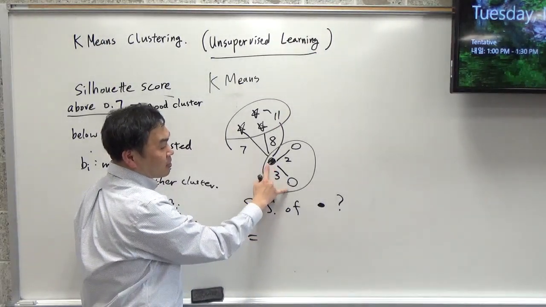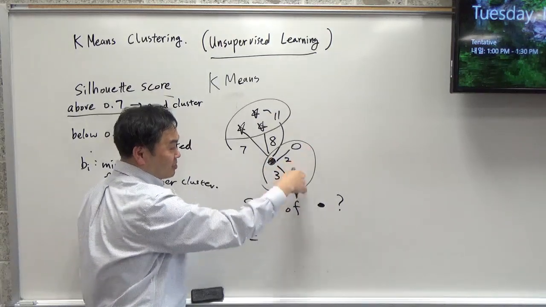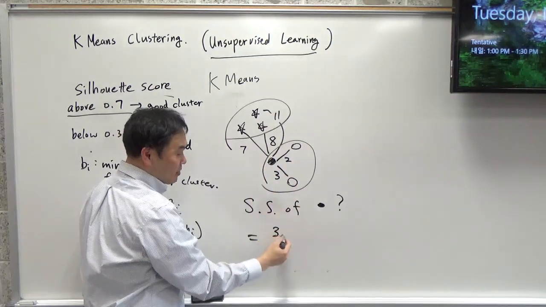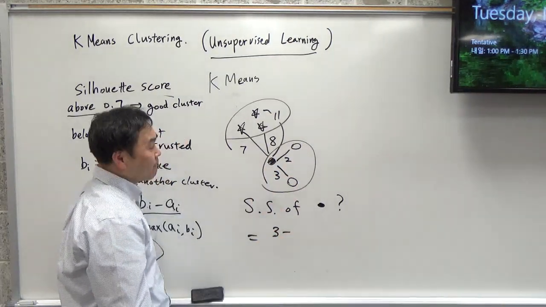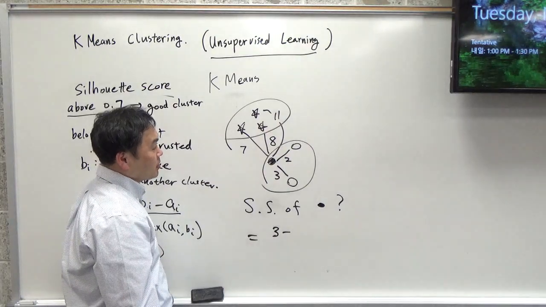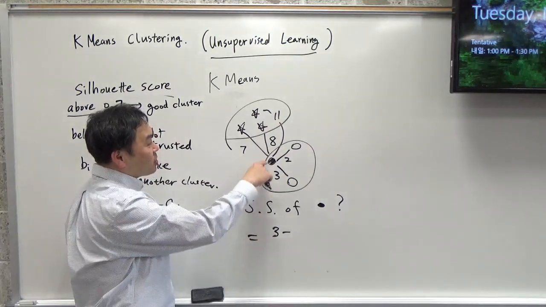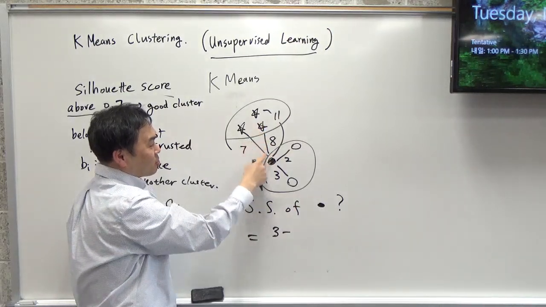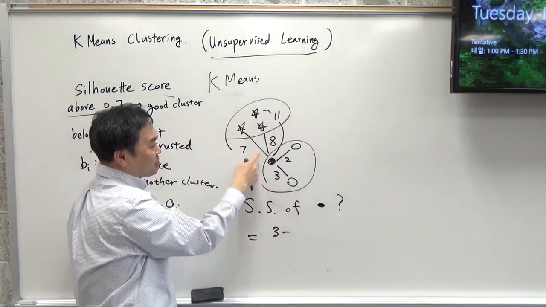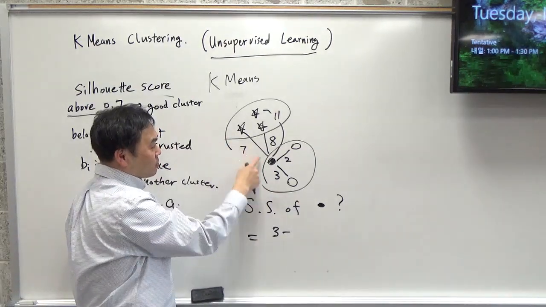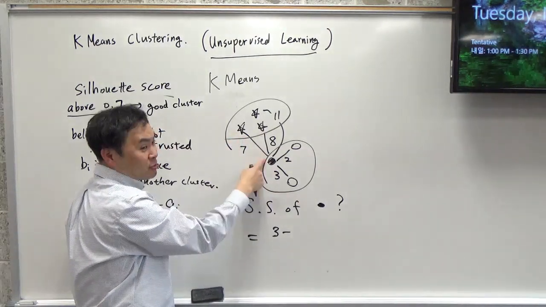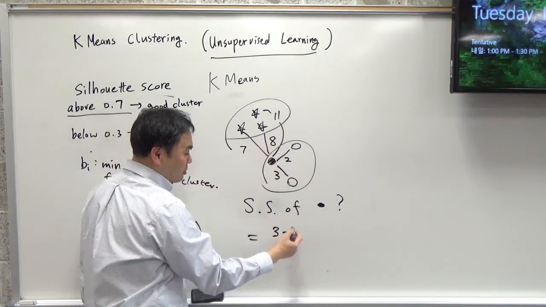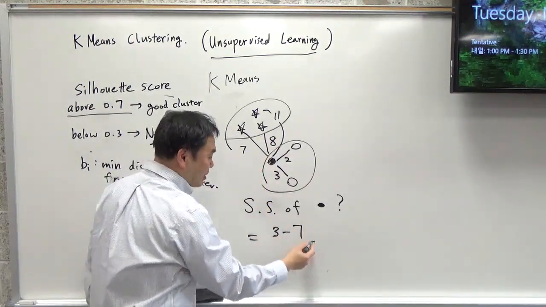The one that's farthest away inside the same group would be 3, right? Minus what? The closest one to the other group, well, it's drawn as if this is closer, but I assigned 7 to this. Okay. So according to the numerics only, this is the closest one, so it's a 7. Right? Divided by what?